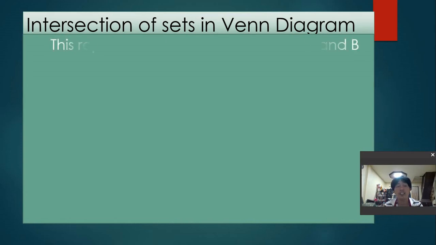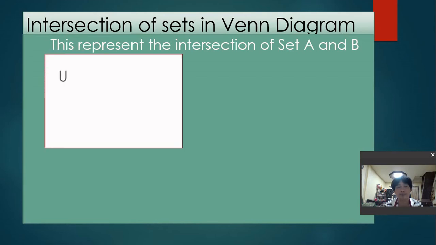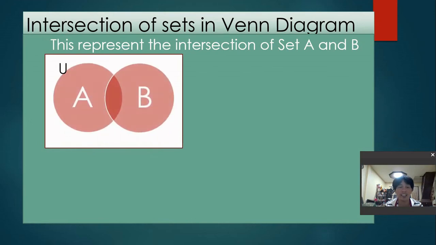Now, how does the intersection of sets in a Venn diagram look like? There are two sets given. We have A and B. Now, the intersection of sets in a Venn diagram is the color orange, the strong orange. That is the intersection of set A and set B.